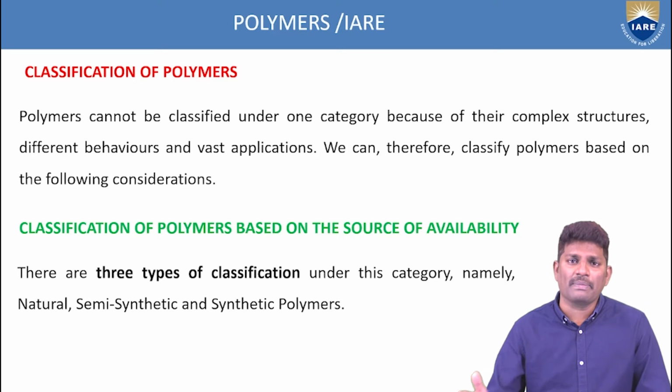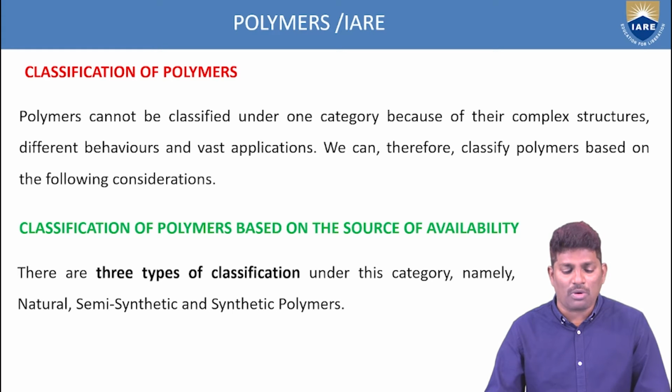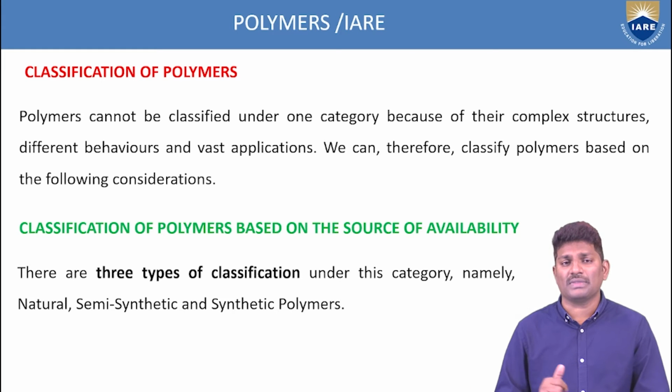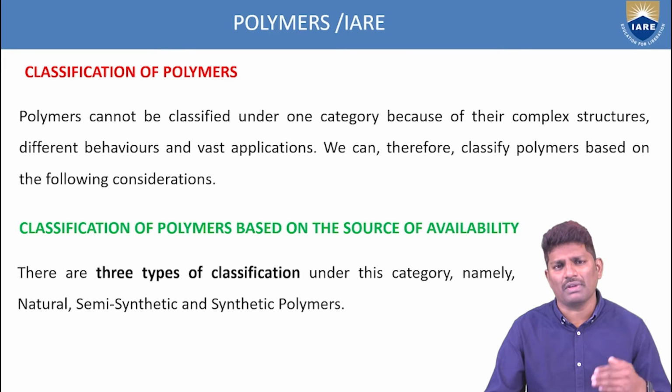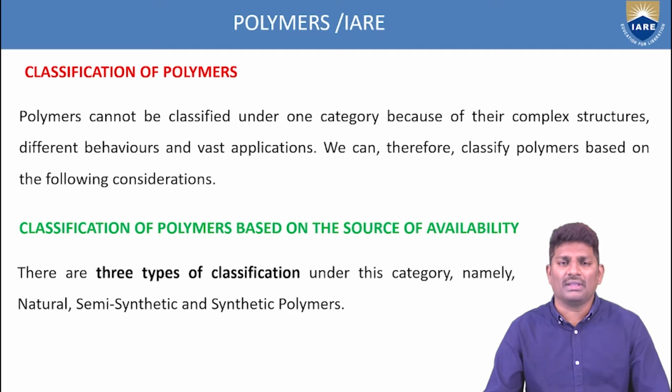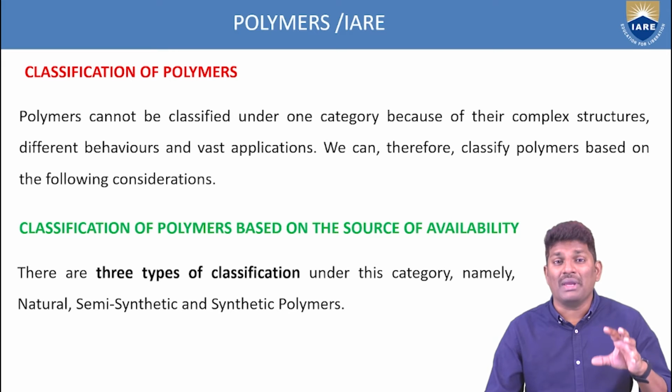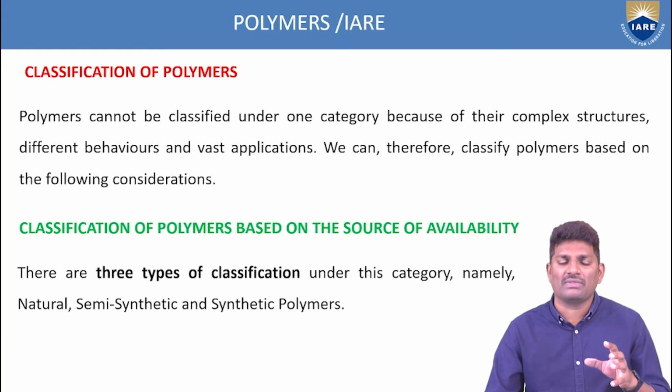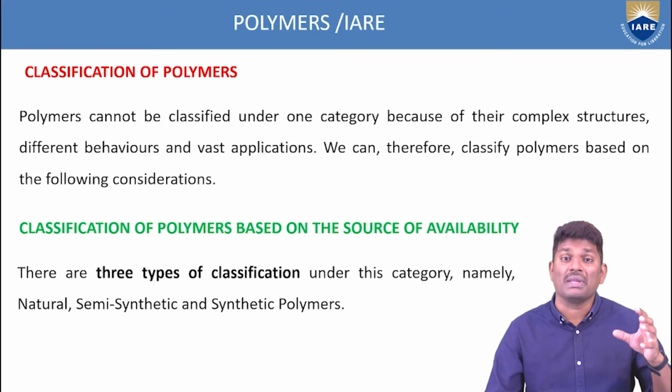Now, if you see the classifications of the polymers, polymers cannot be classified under one category. Why? This is very, very important. When you compare with any other material, it is very easy for us to categorize any type of material. But coming to the polymers, it is very difficult because it consists of many parts. In the first slide, we have seen that the main definition is that polymers consist of many parts.